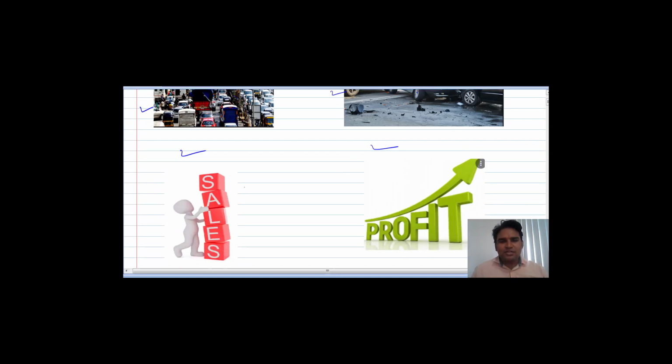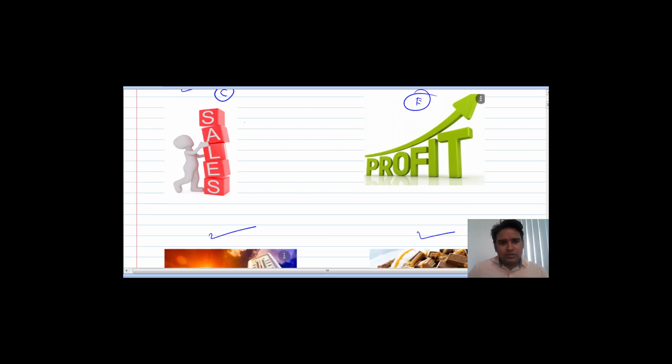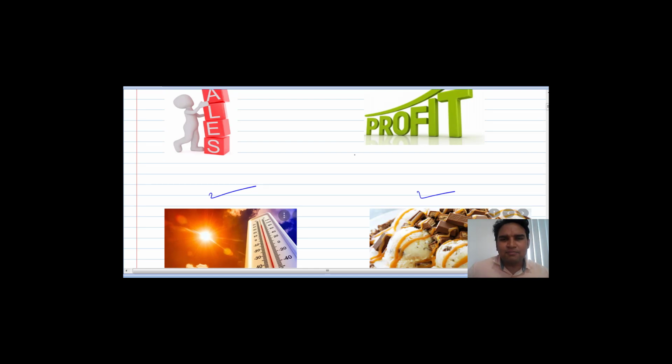Now in the second picture you can see sales. So now you understand this is cause and this is effect, right? Because if we sell more, our profit will be more. If we sell less, our profit will be less, right? So here the cause is sales and the profit is effect.